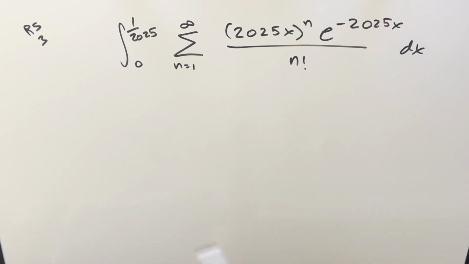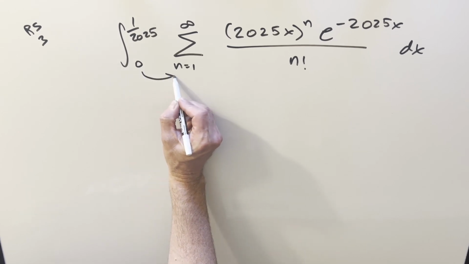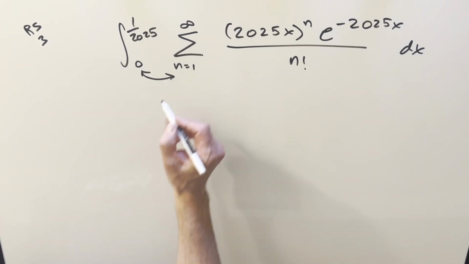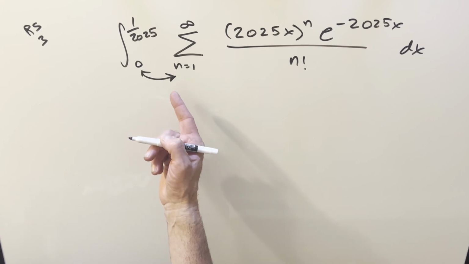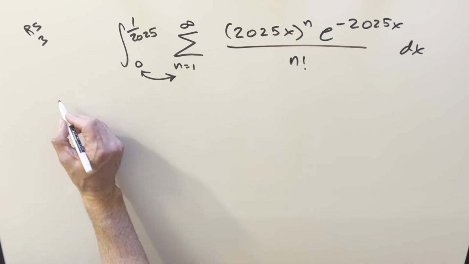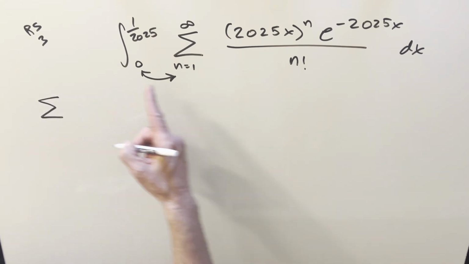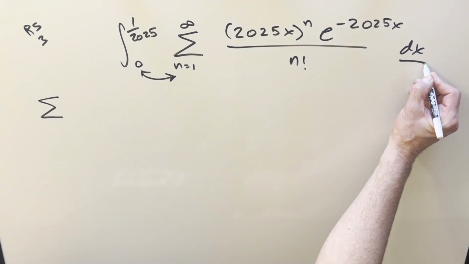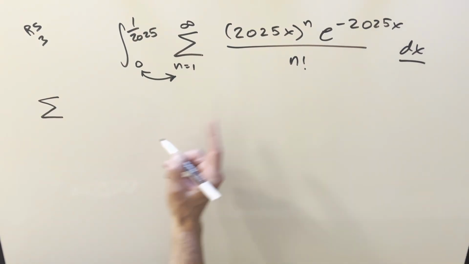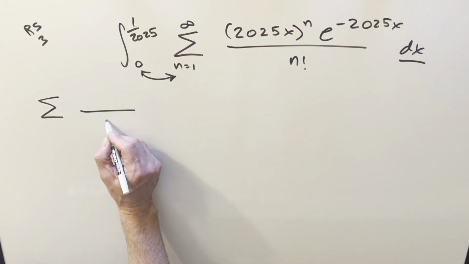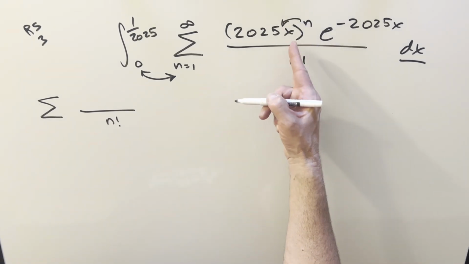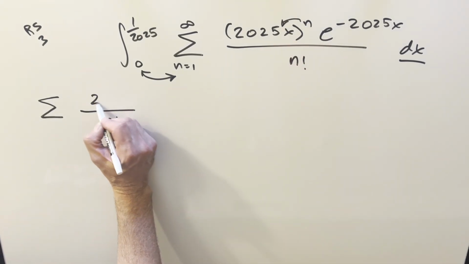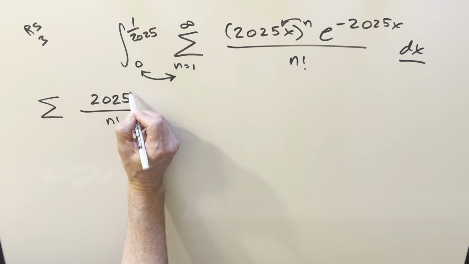Okay, so to get started, right off the bat, we're just going to switch this. I'm not going to worry about the convergence right now because we know in the other video it converged. So we'll swap these, and with respect to the integral, we're integrating with respect to x, so there's some stuff I can bring out as a constant. First of all, I can bring out the n factorial, and then with exponent properties, separating these out, I can bring out 2025 to the n.